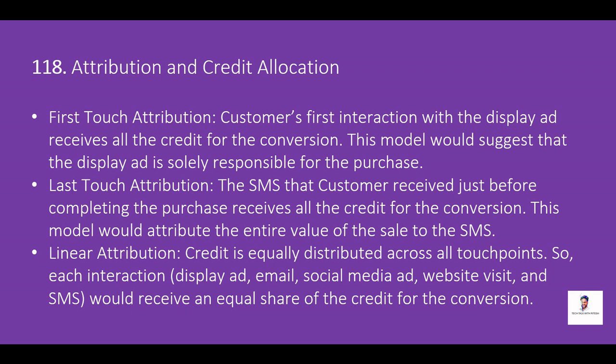So this is the explanation. Finally, the linear attribution. Here, credit is equally distributed across all touch points. So each interaction, whether it's a display ad, email, social media ad, website visit, SMS, etc., would receive an equal share of the credit for the conversion.